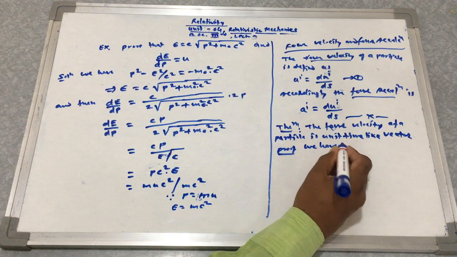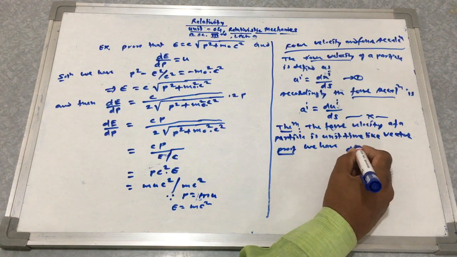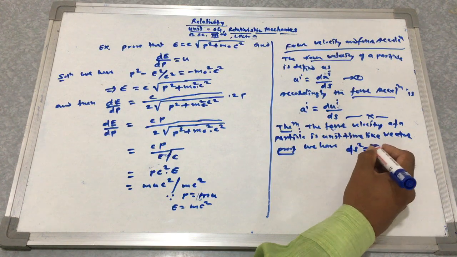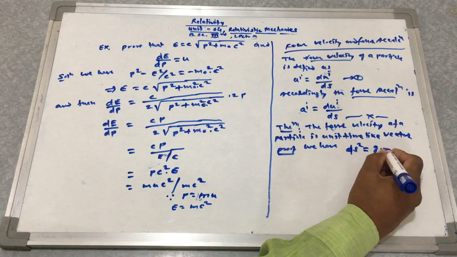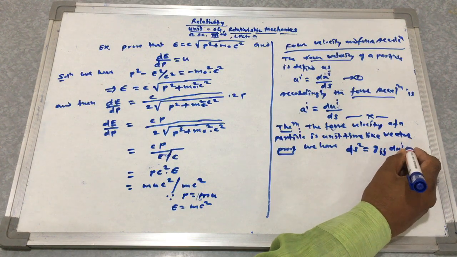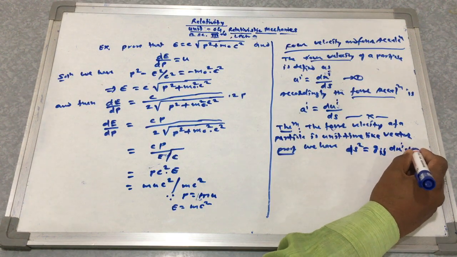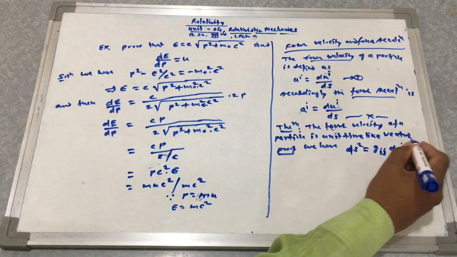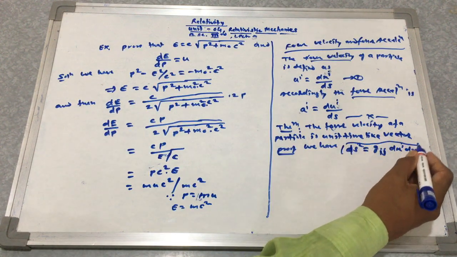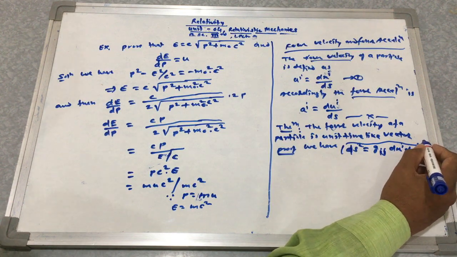We have ds square is equal to g_ij dx^i dx^j. So this is the general format.